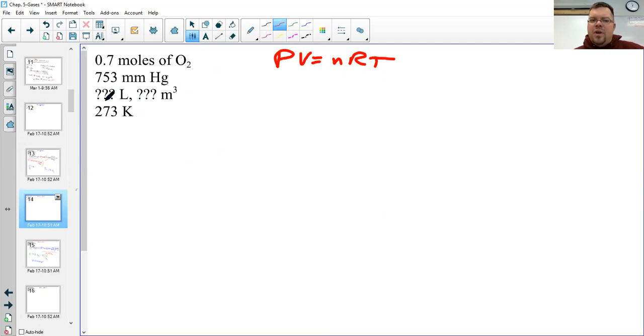Your job is to figure out the volume in liters, but I also want you to do one extra conversion at the end: convert liters to cubic meters. You have your conversion factor from class the other day. So again, this is question number 2. You're ultimately solving for the volume, but then secondarily converting the volume from liters to cubic meters.